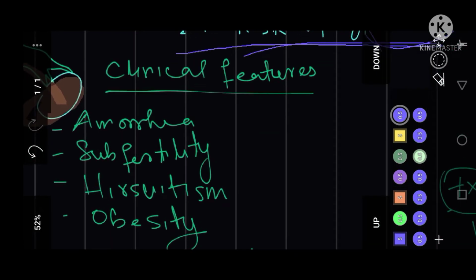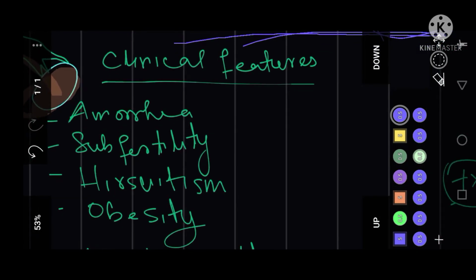Now, clinical features for polycystic ovarian syndrome are amenorrhea. The patient will have loss or absence of menstruation, that is known as amenorrhea, or there is subfertility, meaning decreased fertility and decreased reproduction.